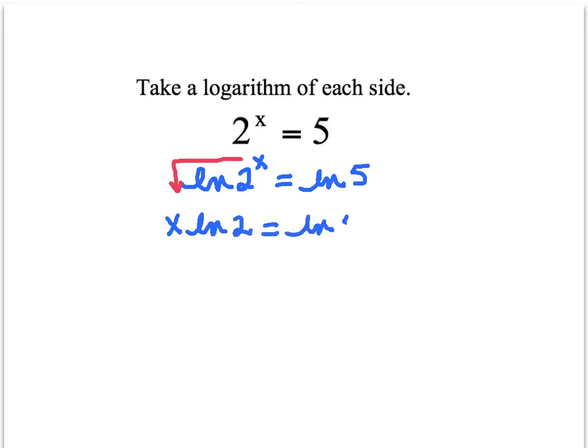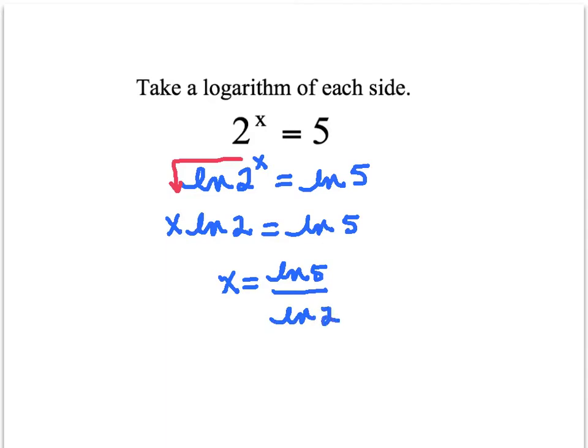And so the equation becomes x times the natural log of 2 being equal to the natural log of 5. I want to get x to sit by itself, and so I'm going to divide both sides of this equation through by the natural log of 2. X is going to be equal to the natural log of 5 divided through by the natural log of 2.